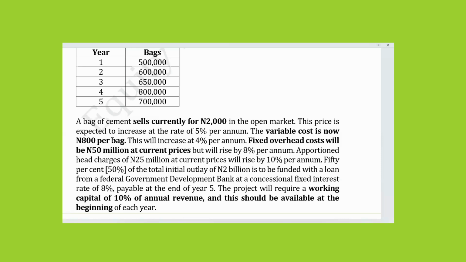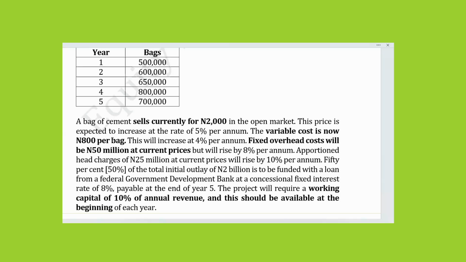But the bottom line is that for the purpose of project evaluation, there are two types of cash flow. We have money cash flow and we also have real cash flow. The money cash flow is the cash flow that incorporates the possible effect of inflation. That is, the money cash flow is an inflated cash flow.